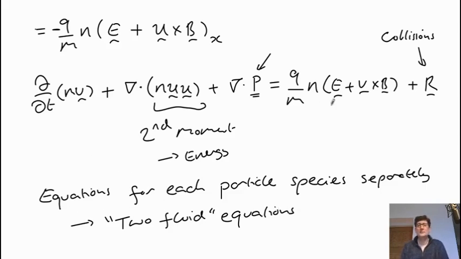These are equations for each species separately, and therefore they're called the two fluid equations, and you can extend this to higher moments fairly straightforwardly. The math starts to get a bit longer, but once you've got the hang of manipulating these vector quantities, it gets much easier. Okay, so next video I'll go through how these equations are simplified and turned into ideal MHD.